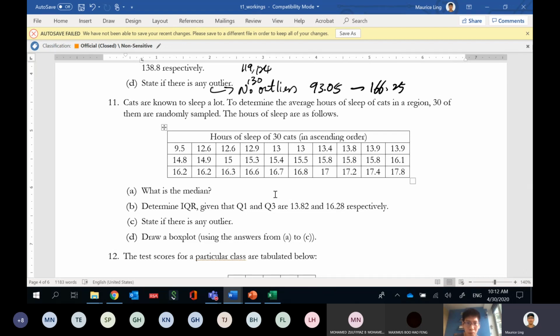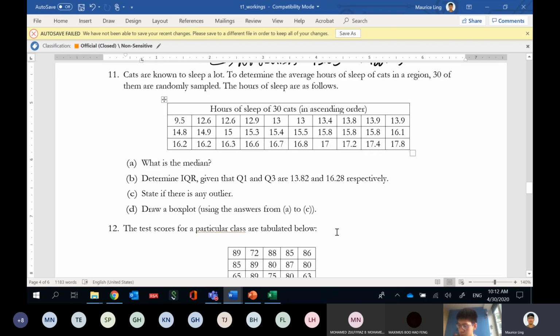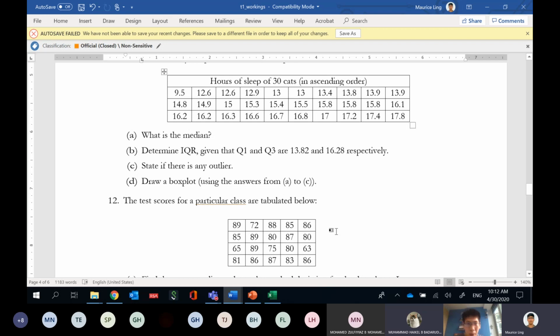So let's go to question 11. Okay, question 11, let's pick. Jeremiah had done it already. Heiko? Yeah, median first. 15.45.